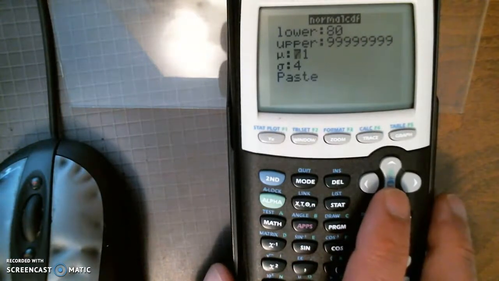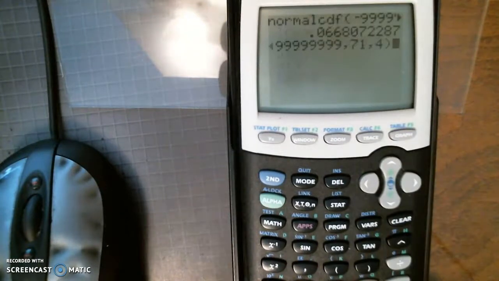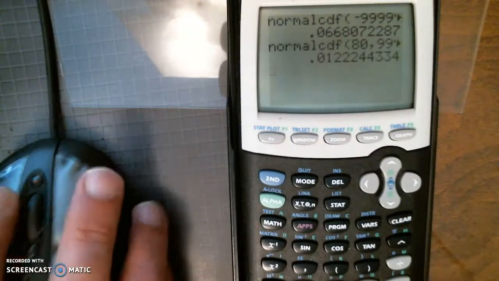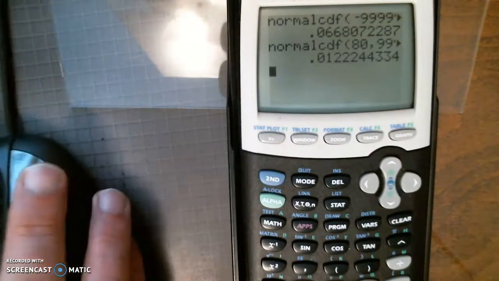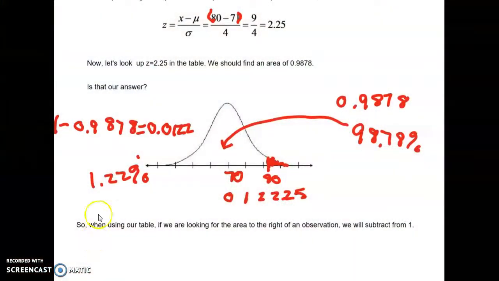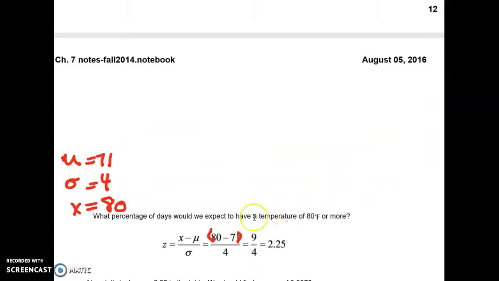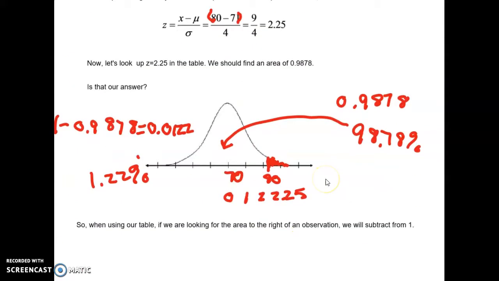The mean is still 71, standard deviation is still 4. Go down to paste, hit enter, and there's your 0.0122. If I go back to the problem, there's the 0.0122 that we got previously by hand, or 1.2% of days would have a temperature hotter than 80 degrees.